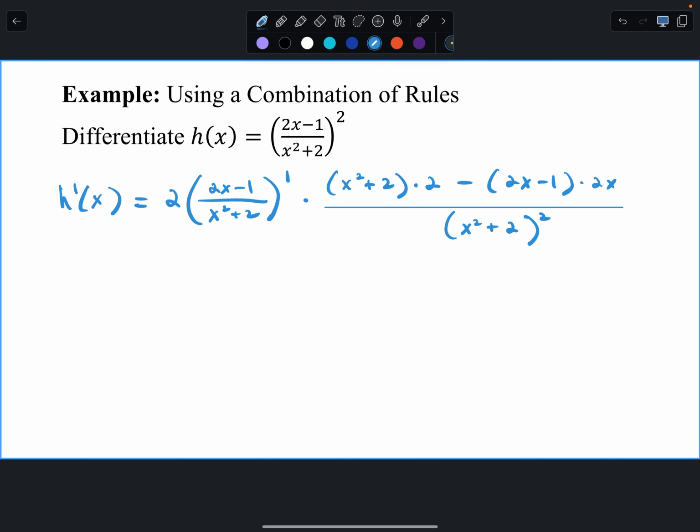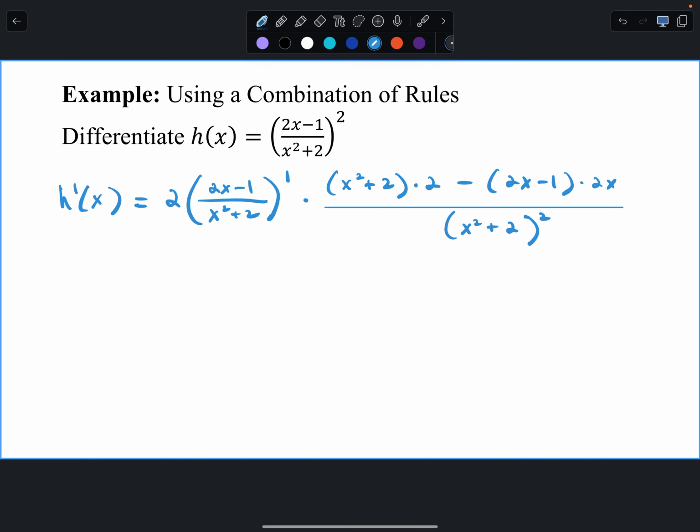Did we leave it as is, or did we rewrite it as the quantity 2x minus 1 squared over x squared plus 2 squared? Did anyone rewrite it like that? Or as a product? You could rewrite it as a product, technically, but it would make it more complicated because then you're dealing with negative exponents.